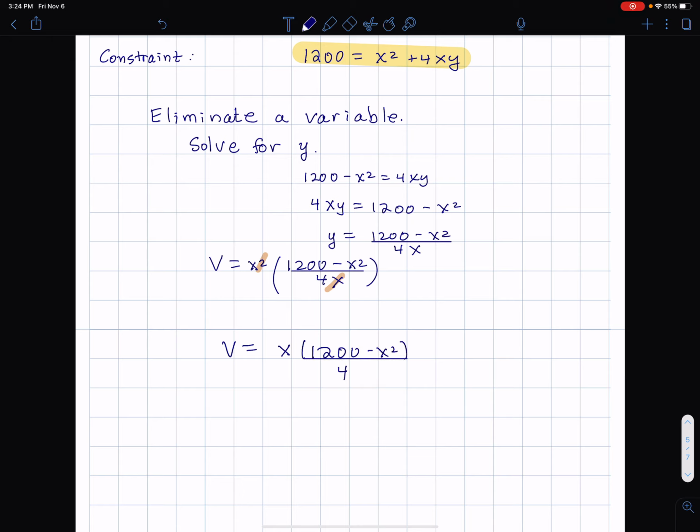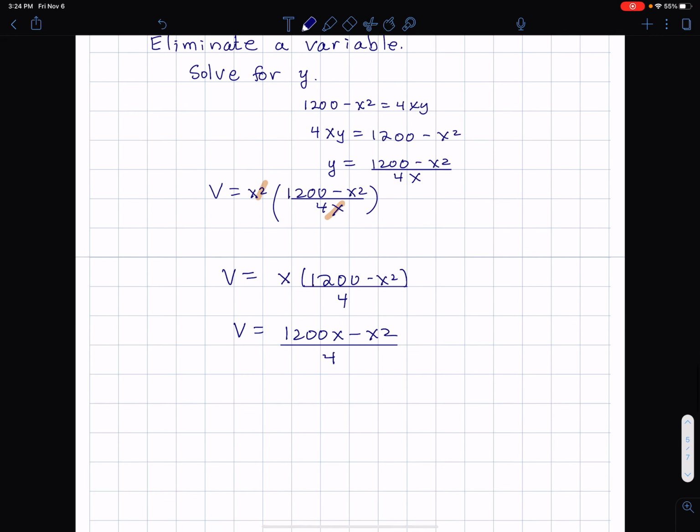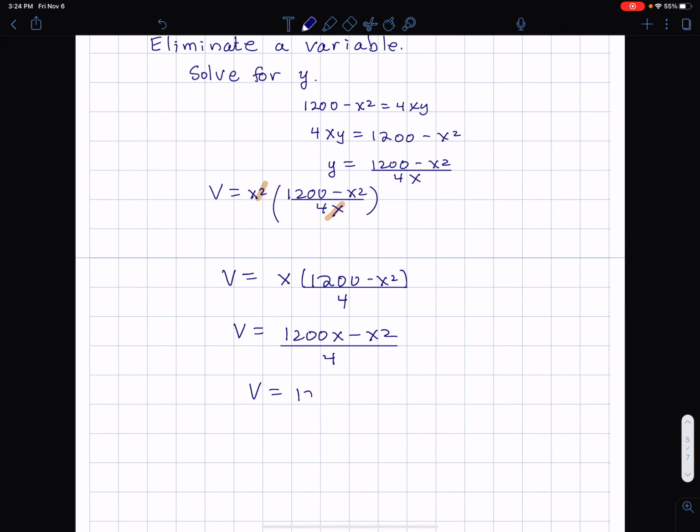Okay, let me continue with the distributive property: x times 1200 is 1200x minus x cubed, still all divided by 4. I'm going to break this into two fractions: 1200 divided by 4, x, minus x cubed over 4.